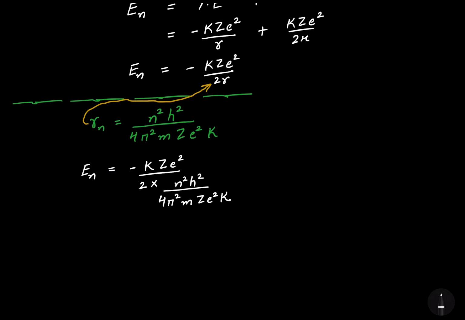Now let's evaluate it further. The energy of nth orbit comes out to be minus k z e square into 4 pi square m z e square k divided by 2 n square h square.